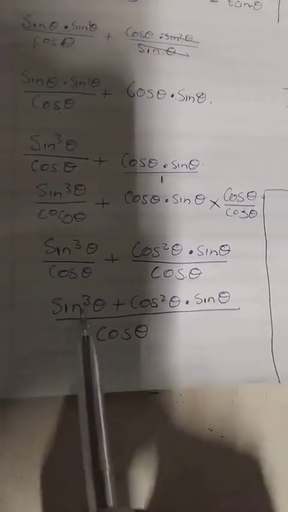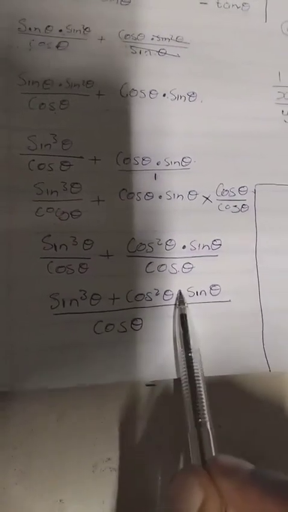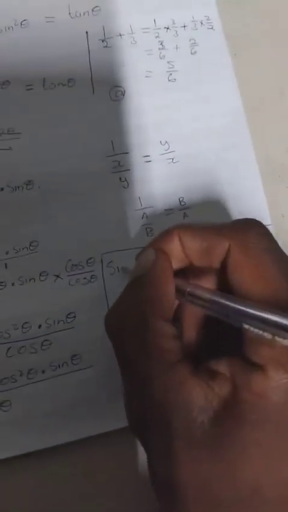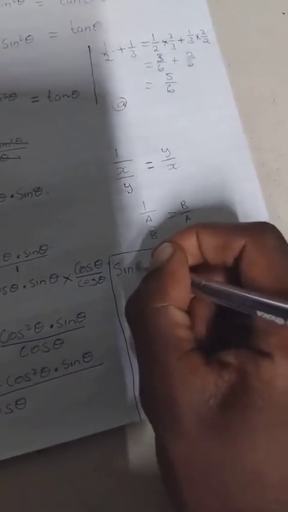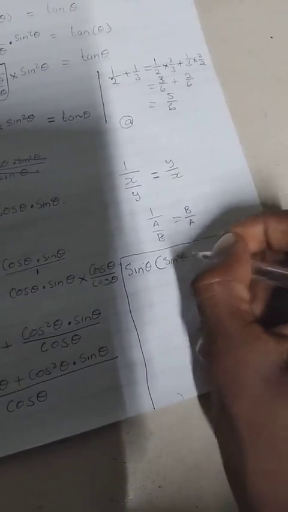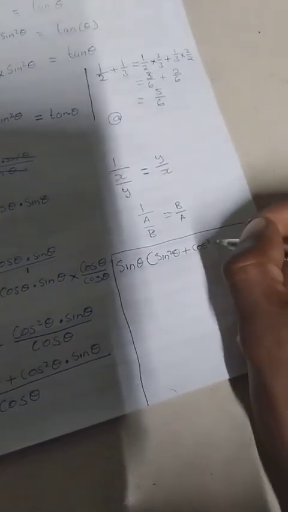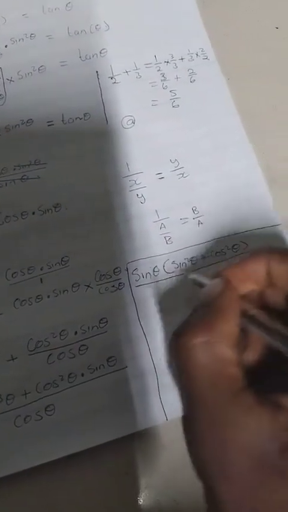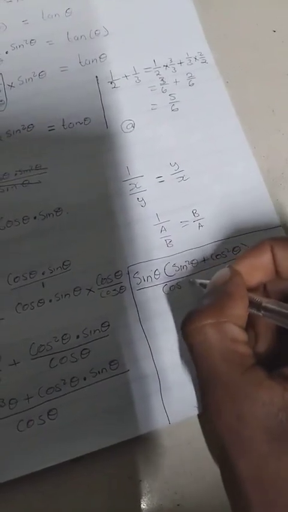In the meantime, what is common between the two? Yes, the sines, they are common. Thank you very much. So I'm going to take sine theta out as the common factor. So I'm going to have sine theta, and I'm going to have sine squared theta plus cos squared theta, which is over cos theta.